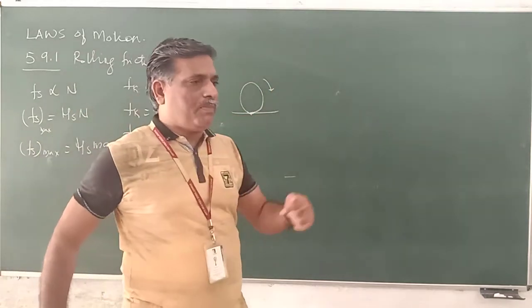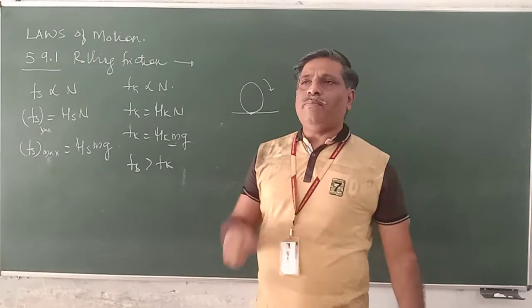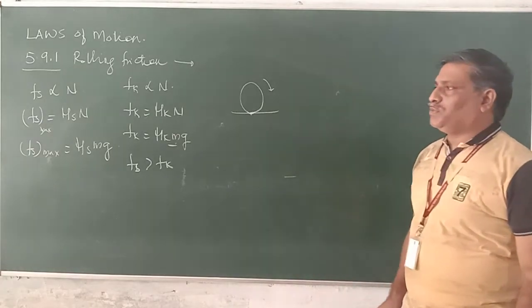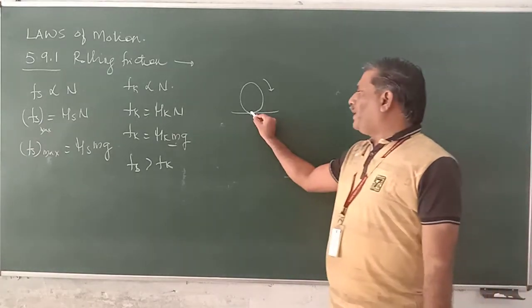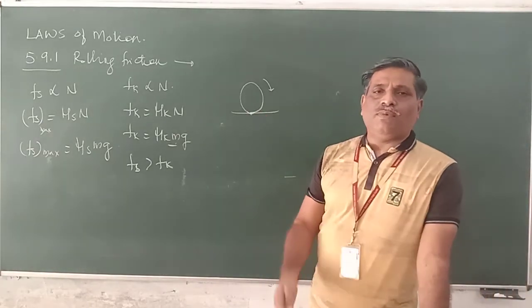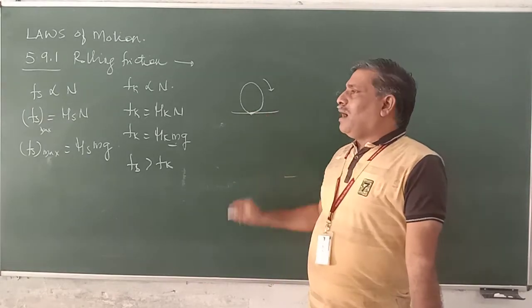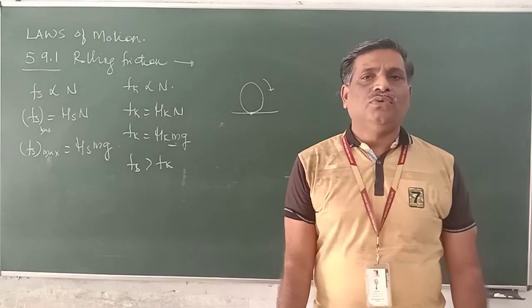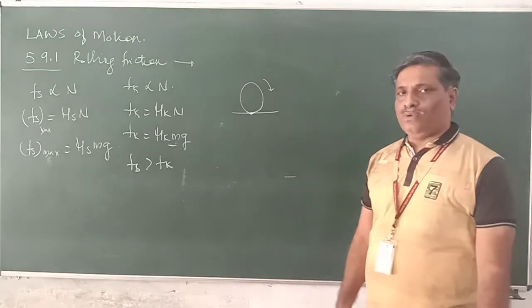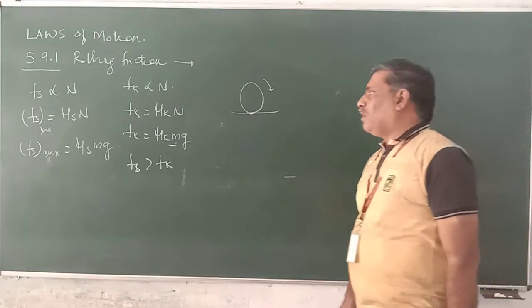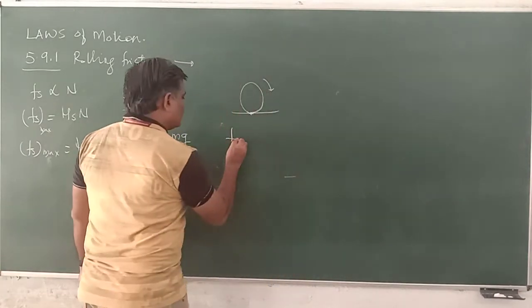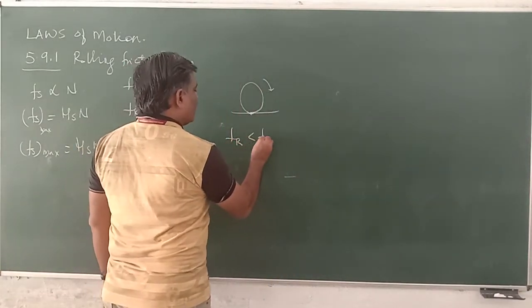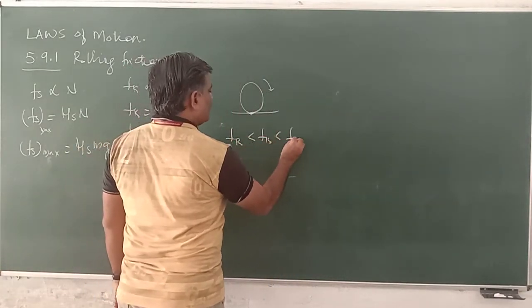So in case of rolling friction, only one point is in contact. Now, as the point of contact is very small, in principle there is no loss due to friction in case of rolling. Therefore rolling friction, Fr, is far less than kinetic and static.